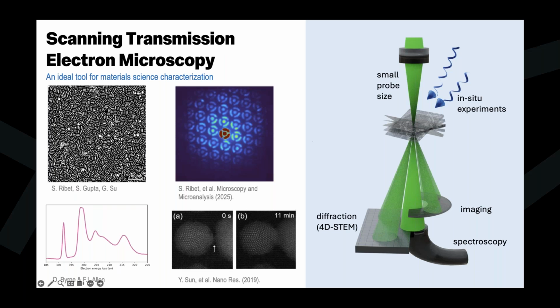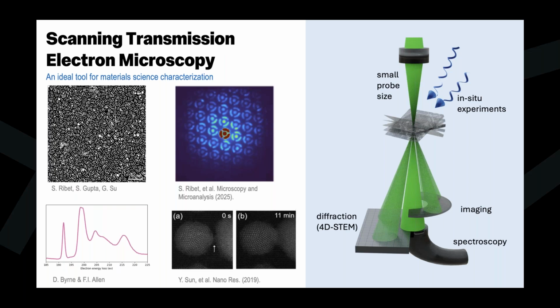It's called 4D STEM because you end up with 2 dimensions in real space and 2 dimensions in reciprocal space, and you can study how materials change on a very small scale. This diffraction pattern here is from a study mapping strain in silicon materials, and we can get very high resolution with this. You also can do spectroscopy, both EDS and EELS.